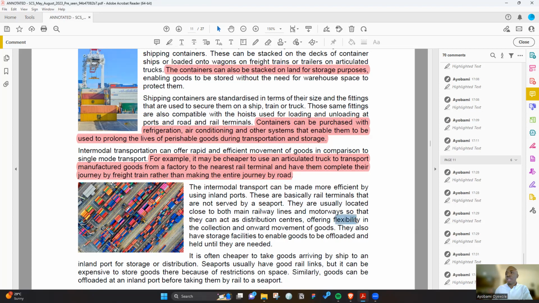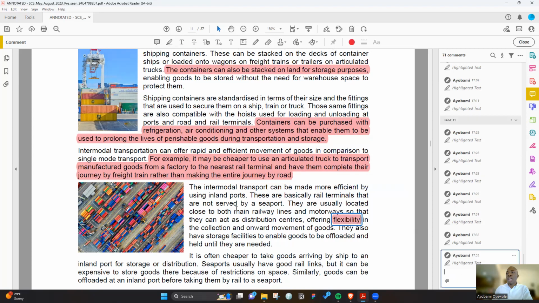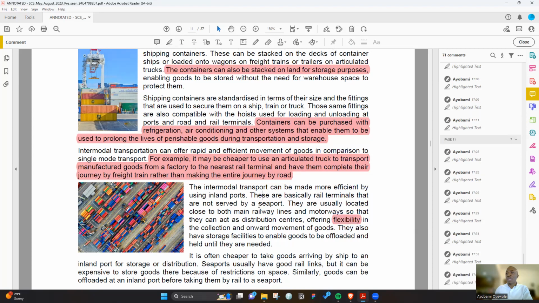So inland ports can act as distribution centers, offering flexibility. Once again, flexibility is a big product for any company working in this industry. And you must note all of these simple ways that you can use to achieve flexibility. You can use inland ports to serve as distribution centers, and that will offer you flexibility.